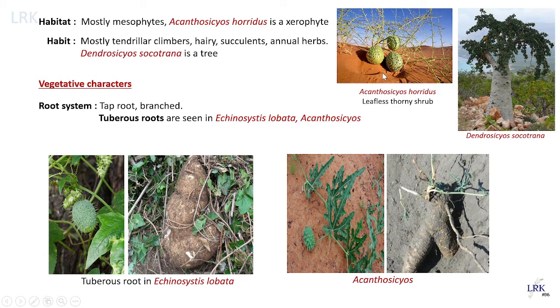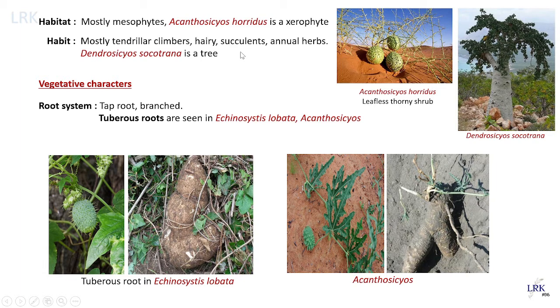And this is Acanthosicyos horridus. You can see the image here. Acanthosicyos horridus is a xerophyte of this family. This xerophyte is a leafless thorny shrub. And when coming to the habit, mostly tendrilar climbers are seen in this family, and the members have hairs.